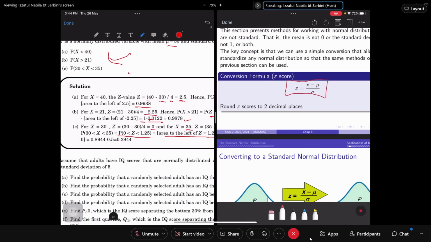Kalau you lukis dia punya graph kan, here will be 0, here will be 1.25. So you want this area here. So from the table, you will have 0.3944. Okay, that is for question C.